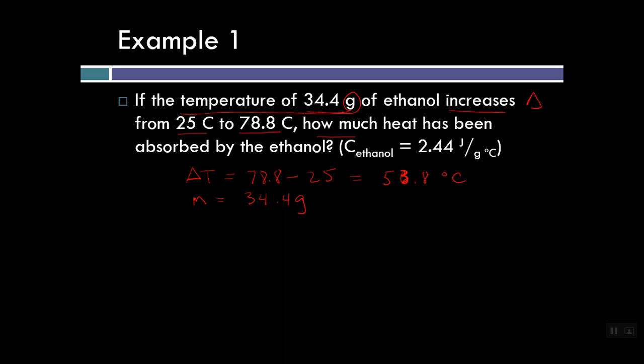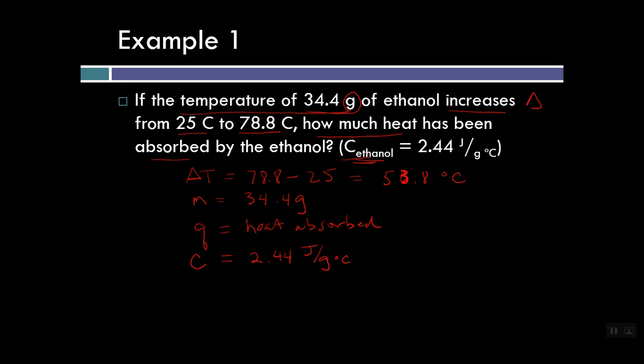And the question is how much heat, that was Q. Q is the heat absorbed in this case. It says heat is going to be absorbed. And then I need to know the specific heat for ethanol, which is 2.44 joules per gram per degree Celsius.